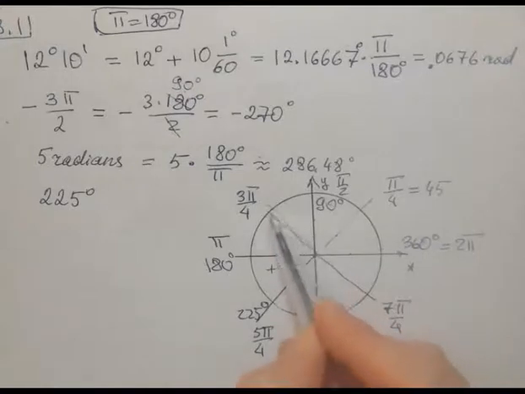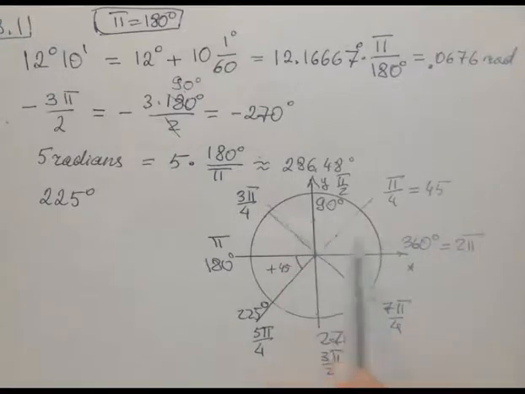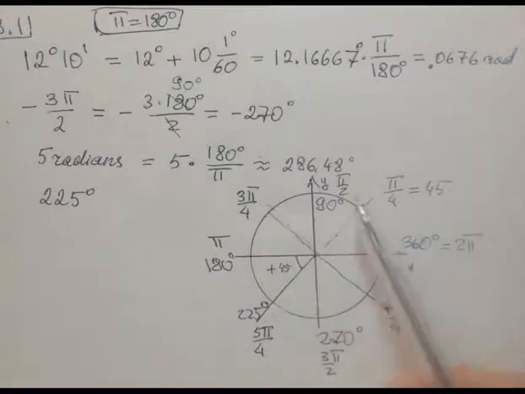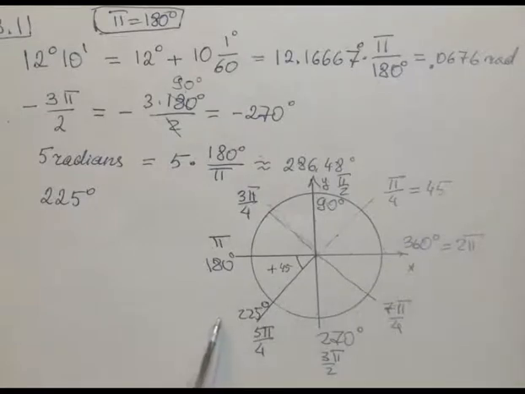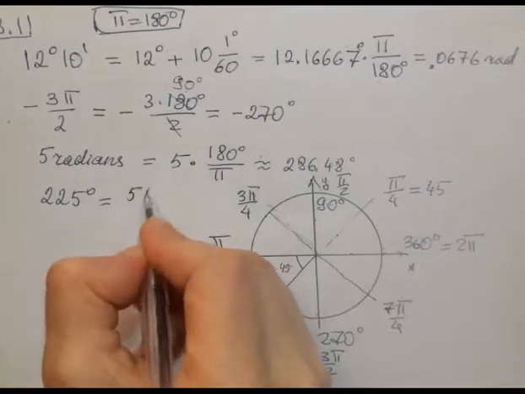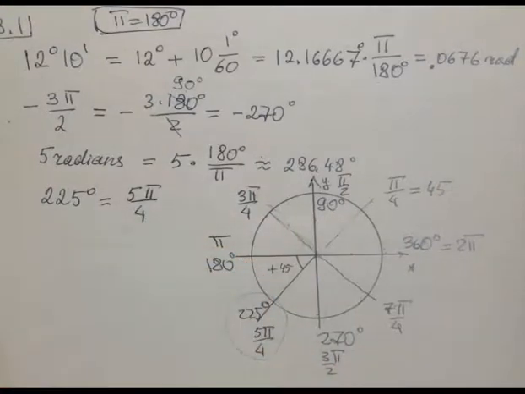So if you represent the circle as 8 quarters of pi, it will be easy for you to locate and identify such angles as pi over 4, 3 pi over 4, 5 pi over 4, 7 pi over 4, as well as the half of pi, pi over 2, pi, 3 pi over 2, 2 pi, or 0. So now we got that 225 degrees is the angle 5 pi over 4.